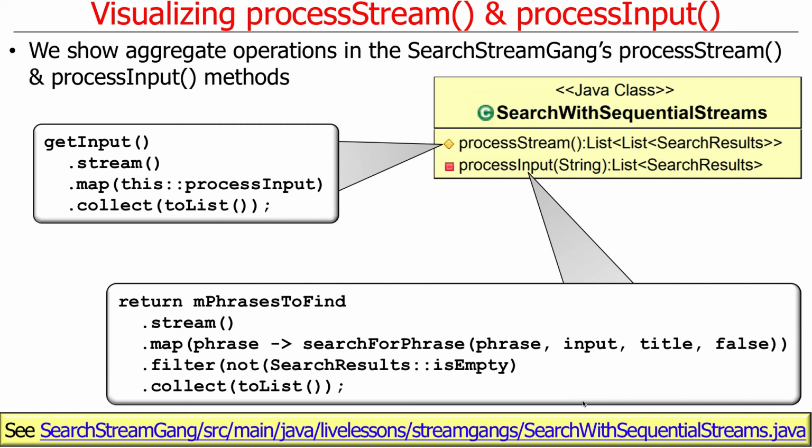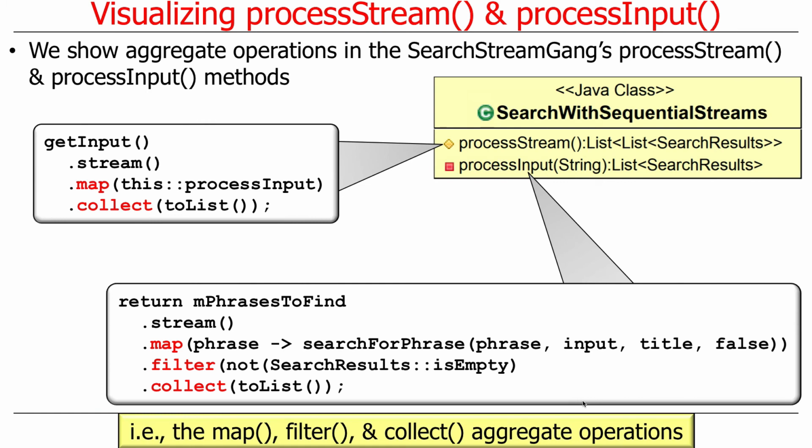So we take the phrases and we search for each phrase in each input source. And this is also a stream, and it goes ahead and searches for each of the phrases, filters out the stuff that is not found, and then makes a list of results and returns it as the result of processInput. So notice we have sort of nesting of streams, which is kind of interesting.